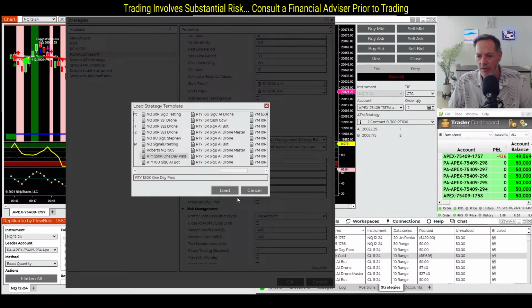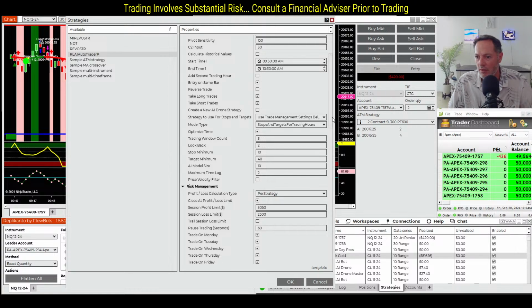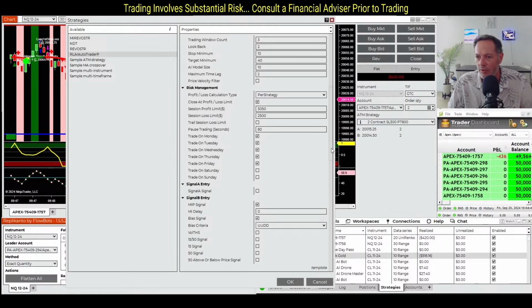So I'm going to go grab the RTY ODP. It looks like it's got another half an hour of its prime time trading window. So again, this is an optimized window. We look at the last couple of weeks, and then it's going to self-automate in the future of when to trade.